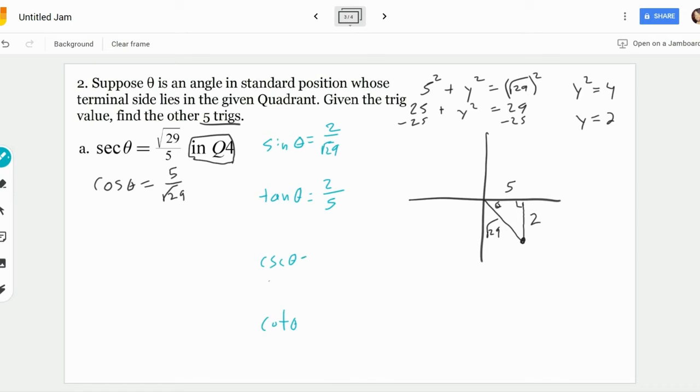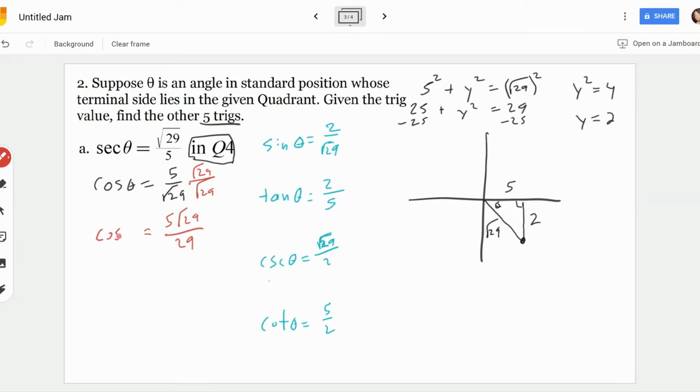I can find both of these really quickly as well because they're just reciprocals. This is 5 over 2. This is square root 29 over 2. Just to quickly fix the other two that have the radicals on the bottom, you multiply by square root 29 over square root 29, and you end up with 5 root 29 over regular 29.